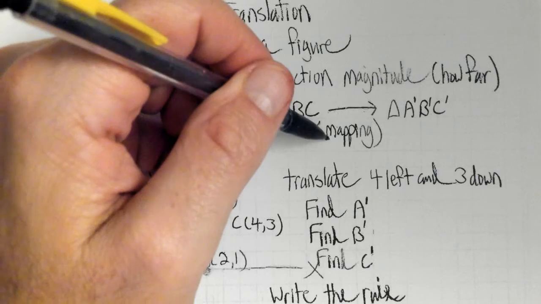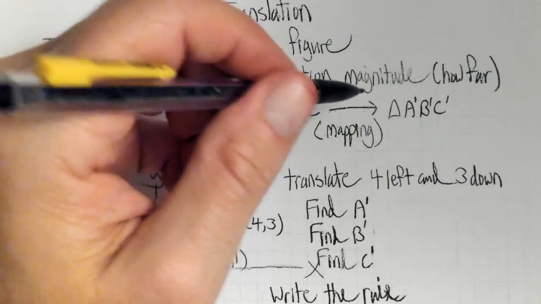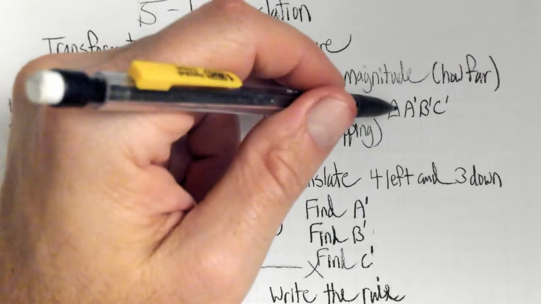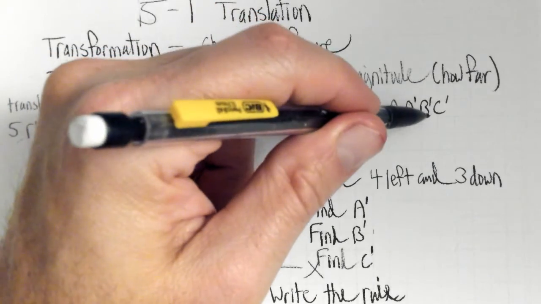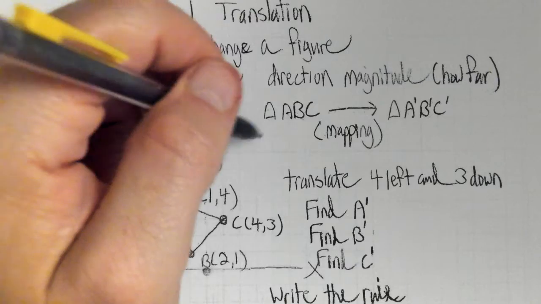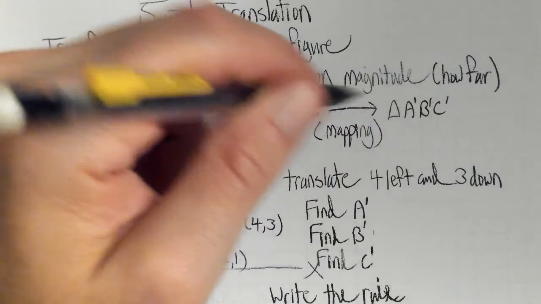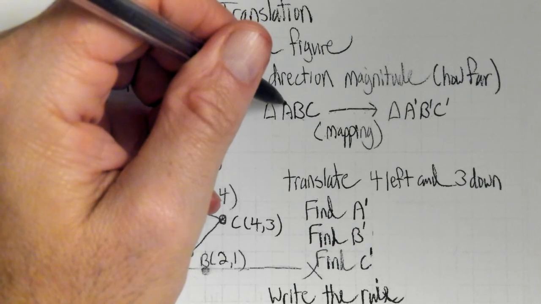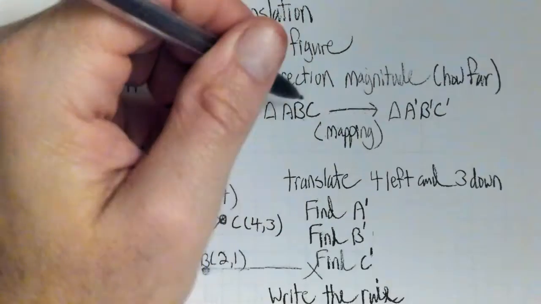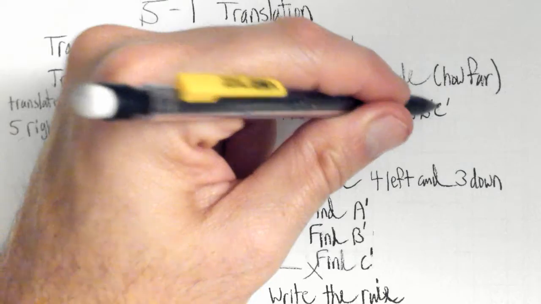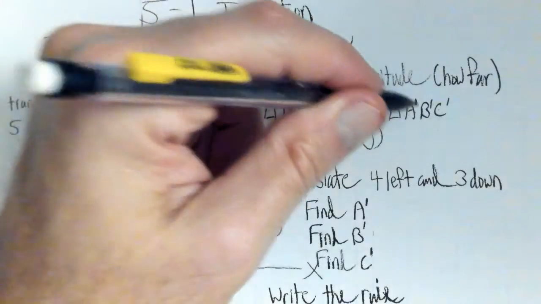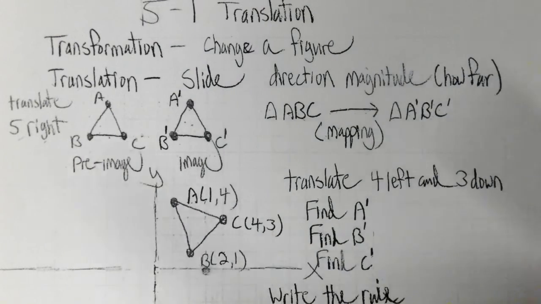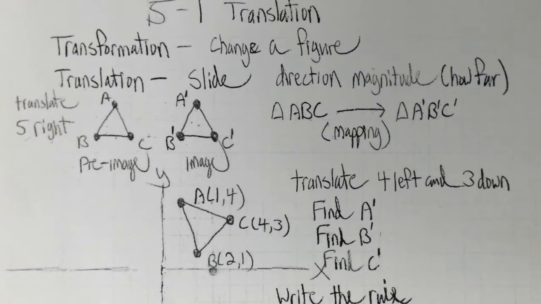So a mapping and a transformation are the same thing. Triangle ABC maps to triangle A prime, B prime, C prime. When you're writing down the transformation with this symbolism, the order of the points tells you what points it goes to. A goes to A prime, B goes to B prime, C goes to C prime. So the order of the letters is important when you're writing it down in this notation.